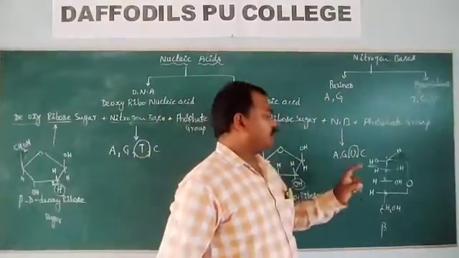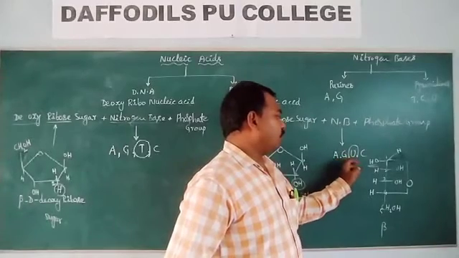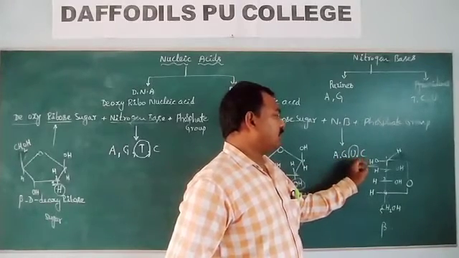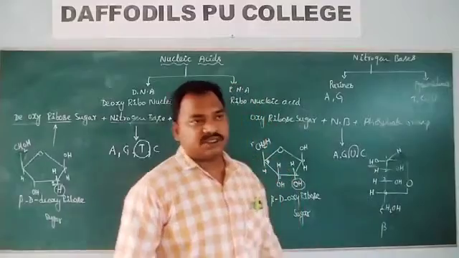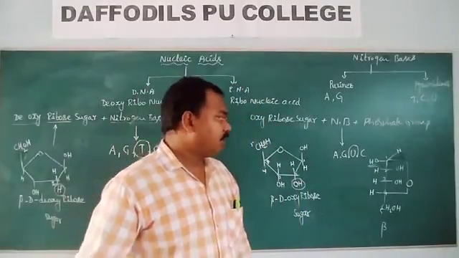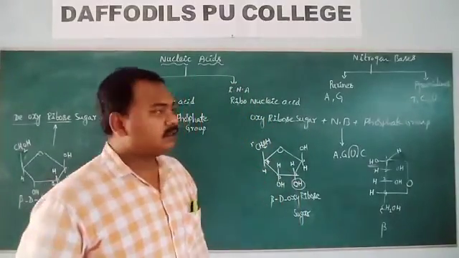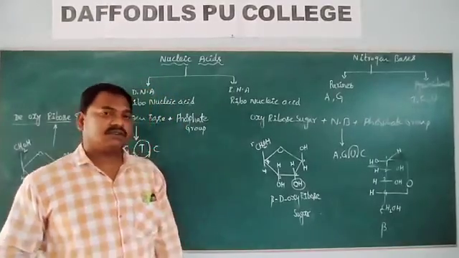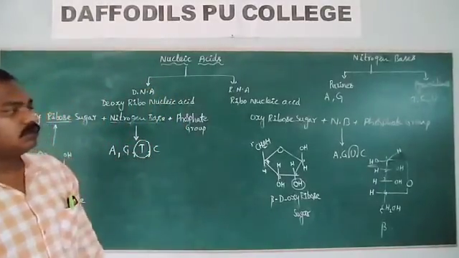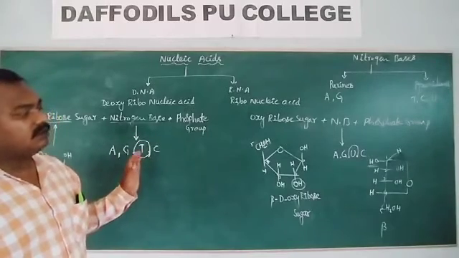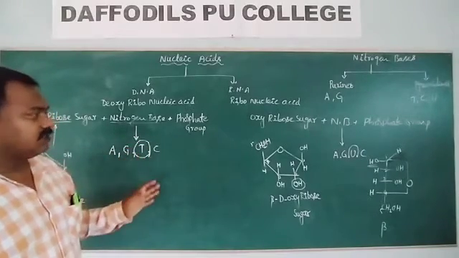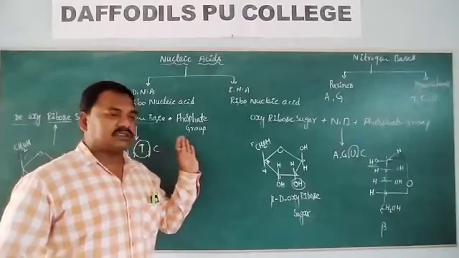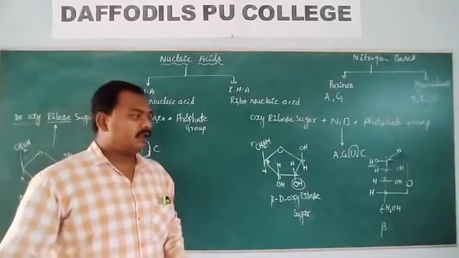In RNA, adenine, guanine, uracil, and cytosine are present. So these are the major differences between DNA and RNA.